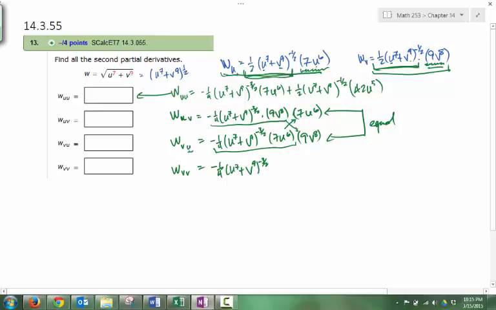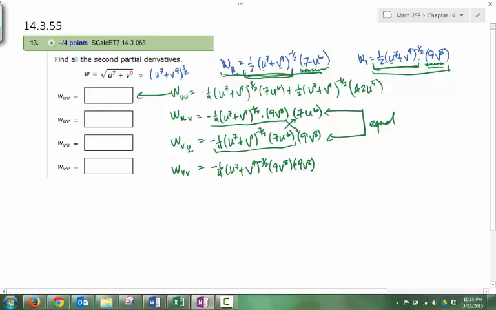We're taking the derivative of this with respect to v. So with respect to v, that is going to be 9v to the 8th as per the chain rule. So that's the derivative of the first times the second. The second is going to be 9v to the 8th.